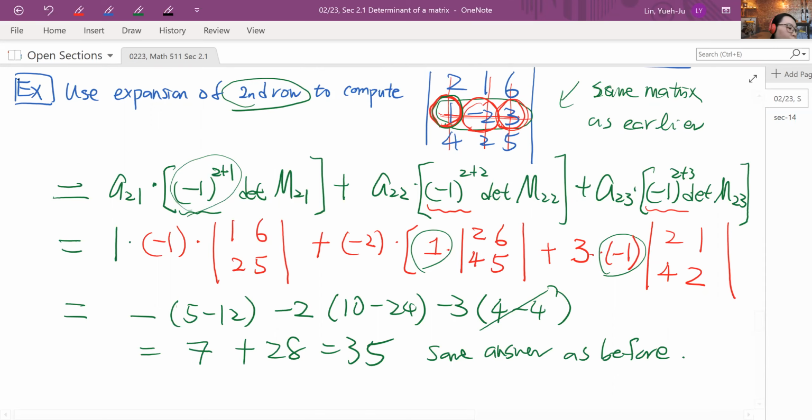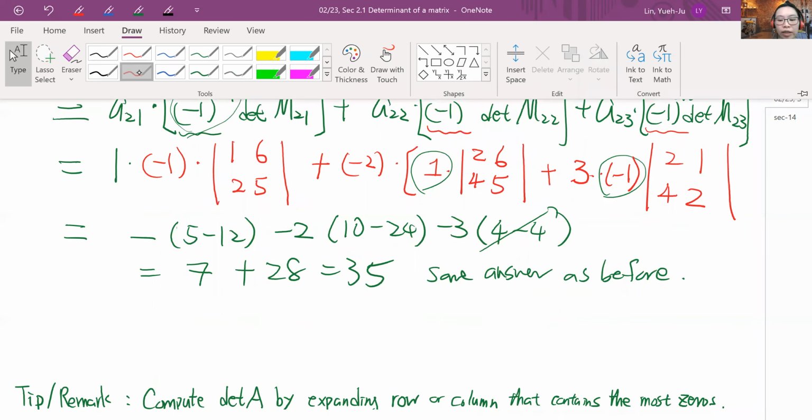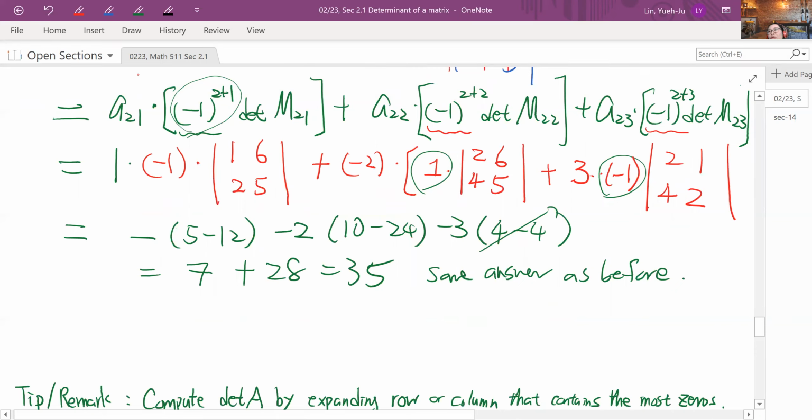So now, how do we recognize the alternating sign? If you have to go through the cofactor every single time, it's a little bit annoying because you need to keep track of those things. One trick I usually use: if I want to calculate a 3 by 3 determinant, how do I memorize the plus or minus? You start with the very first entry, the A11, you put a plus.